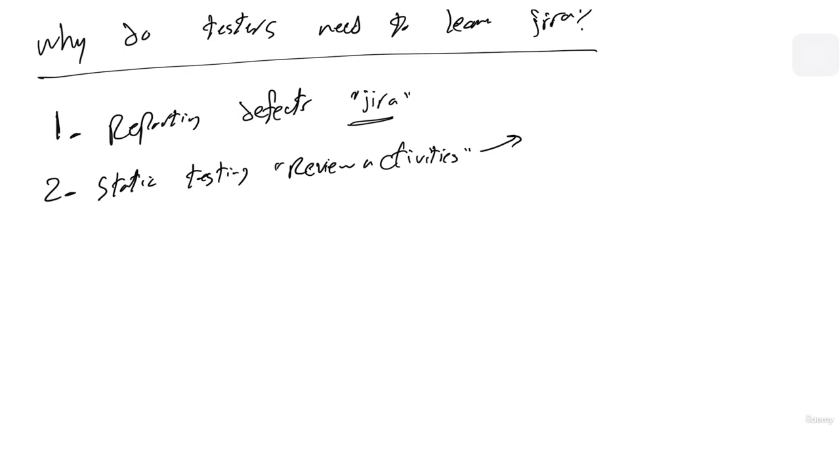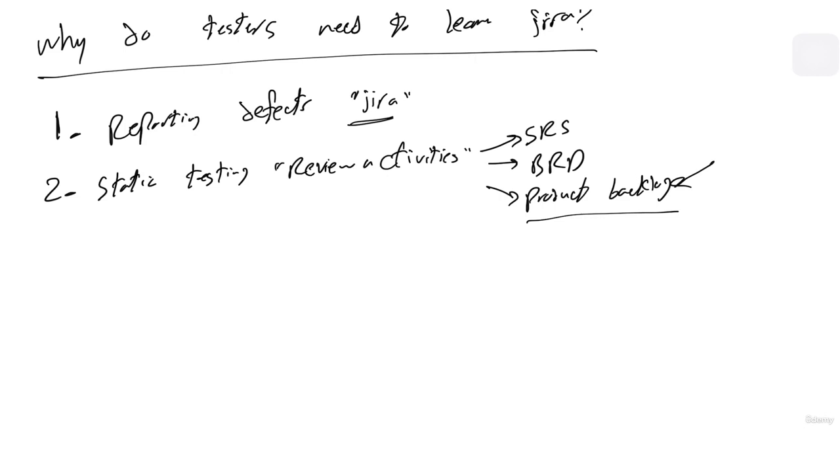Requirements come in many forms, like the BRD, which is the business requirements document, the SRS, which is the software requirements specification, and also the product backlog. So we might need you as a tester to review the product backlog. You need to review the user stories and apply the INVEST technique on them. In this case, you should be able to use the tool. No one will teach you how to use it.